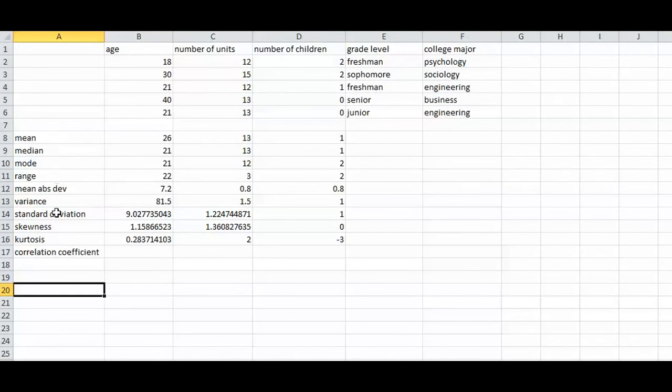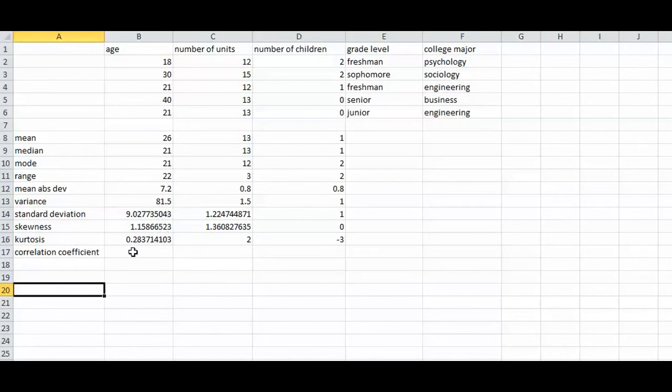Each of these values, all the way up to kurtosis, are calculated with 1 column of data, meaning when Excel calculated these values for the age column, it took these 5 numbers in the age column and plugged them into different formulas to calculate all of these values, all the way down to kurtosis.